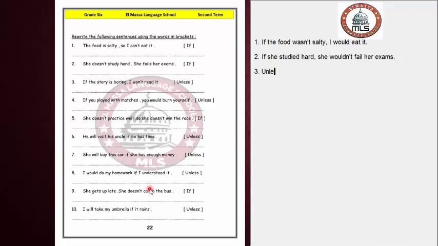Unless the story is boring, I'll read it. Instead of won't, I'll use will.